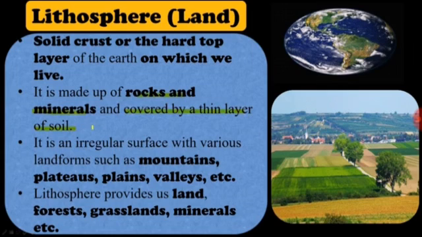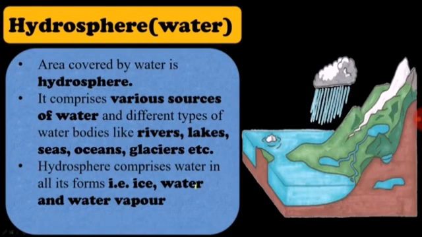It is an irregular surface with various landforms such as mountains, plateaus, plains, valleys, etc. All these are lithosphere because it is an irregular surface. Lithosphere provides us land, forests, grasslands, minerals, etc. So this lithosphere is a very important part of the environment.